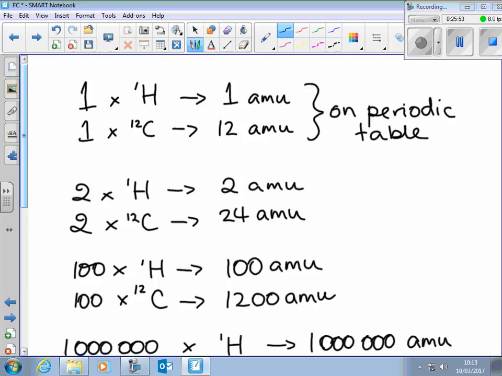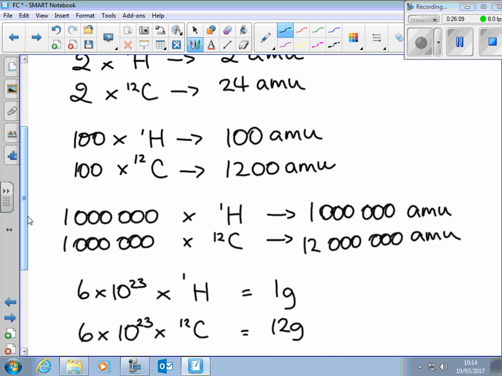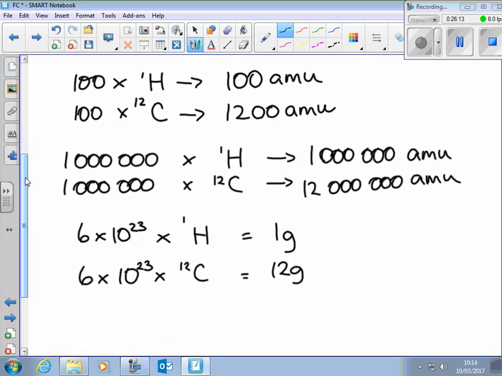And then you multiply it up each time, but it keeps the same ratio. So if you had 2 atoms of hydrogen, 2 atomic mass units, 2 atoms of carbon-12, 24, because you're doubling what you started with. Keep going, 100 hydrogens, 100 units, 100 carbons, 1200. 1 million hydrogens, 1 million units, 1 million carbons, 12 million units.